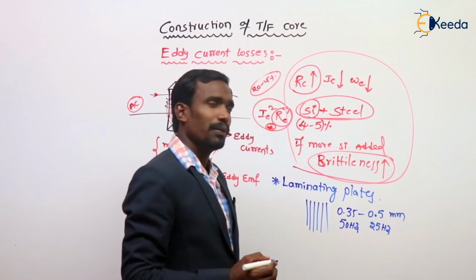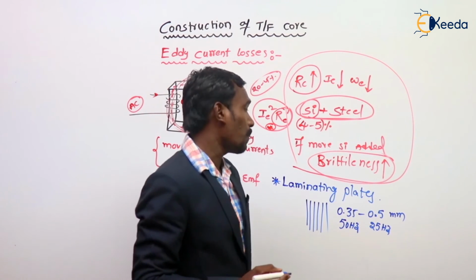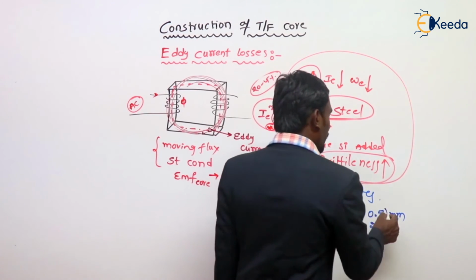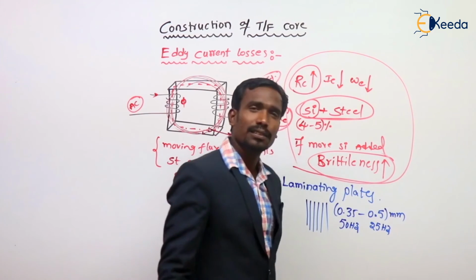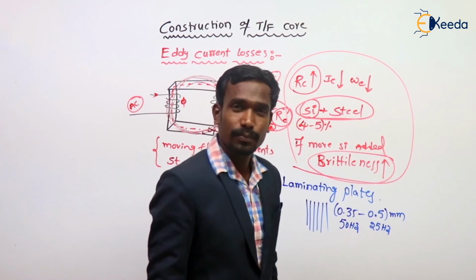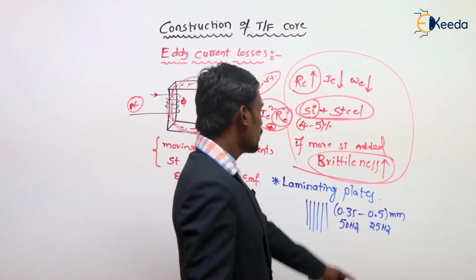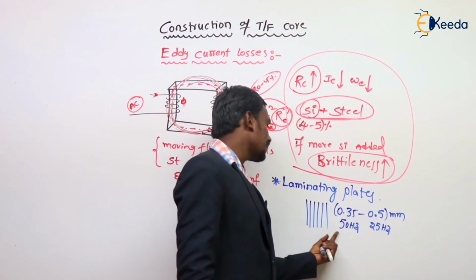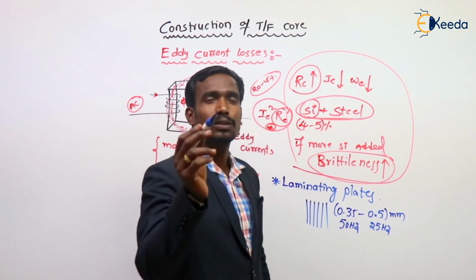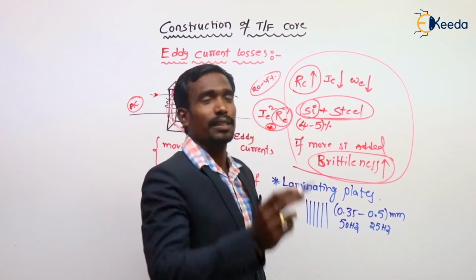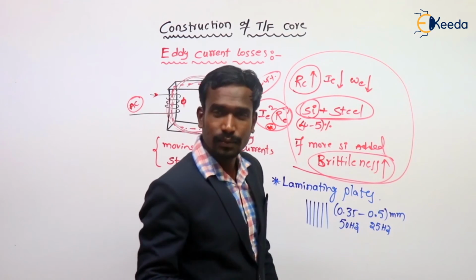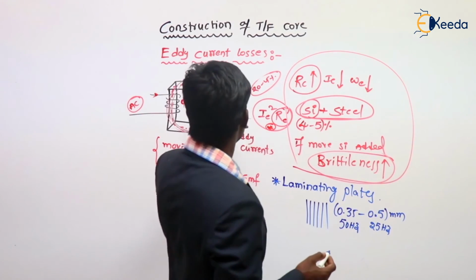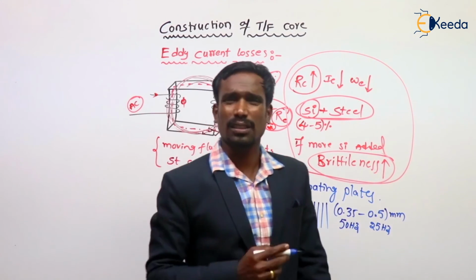So the plate should be 0.35 to 0.5 mm thick. By using laminating plates we can reduce the eddy current losses. This is more convenient.